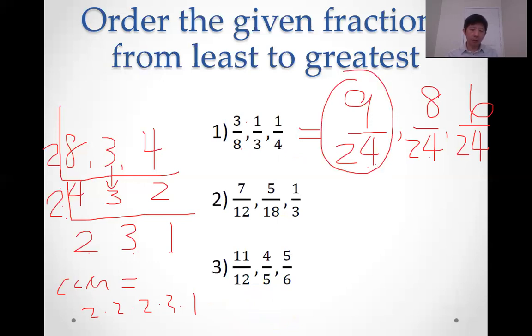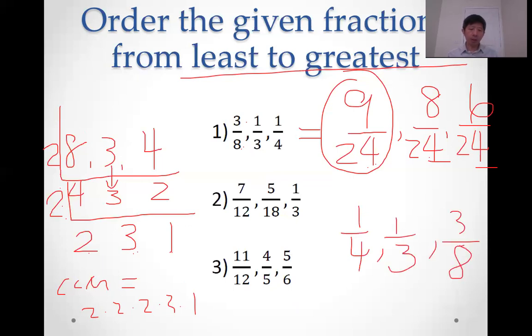And then what's the next number? Next we do 1/3 and then 1/4. So if we want to list the numbers from the least to the greatest, it would be 1/4, 1/3, and 3/8, right? So this is the way we order the fractions, all right?